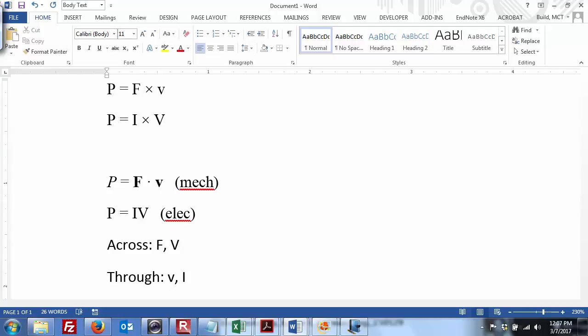Okay, so what I'm trying to do here is lay the groundwork for how you calculate hydropower. So in this case, for mechanical power, you're going to multiply force times velocity. More correctly, you're going to take the dot product of the two. If you are calculating electrical power, you're going to multiply current by voltage. In these systems, the across variables are force or voltage, and the through variables are velocity and current.